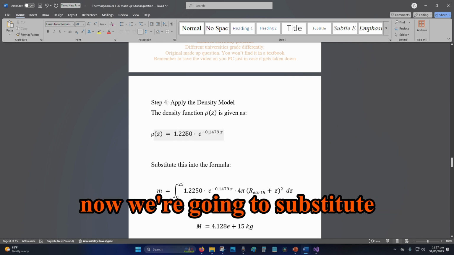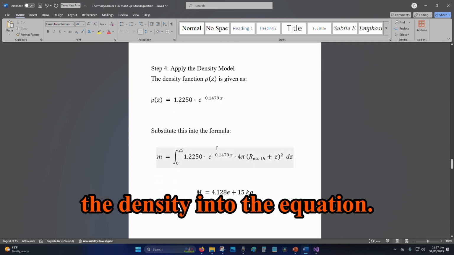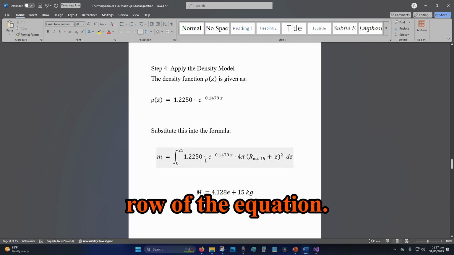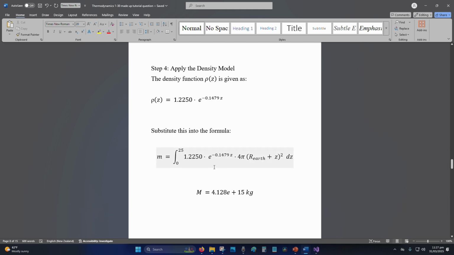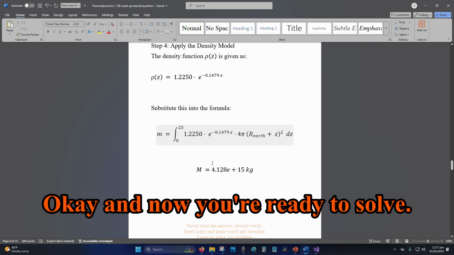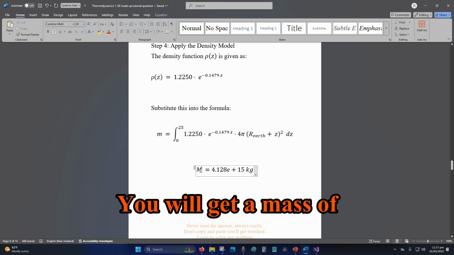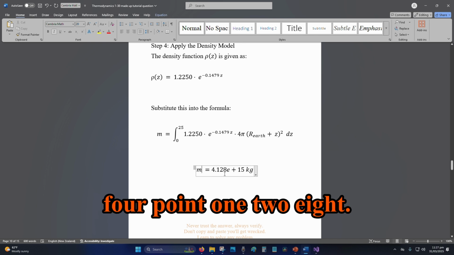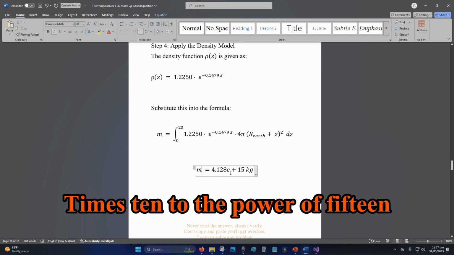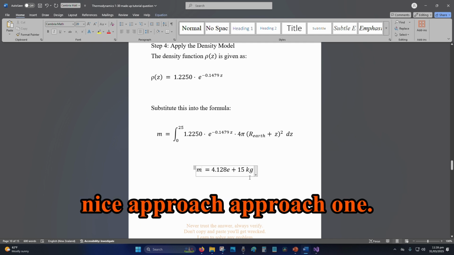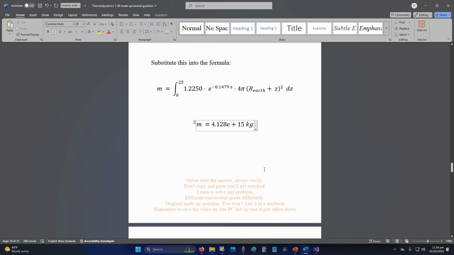So now we're going to substitute the density into the equation. So this is rho, so they just substitute rho with the equation. Okay, and now you're ready to solve. So by solving, you will get a mass of 4.128 times 10 to the power of 15 kilograms. And that's the nice approach, approach 1.